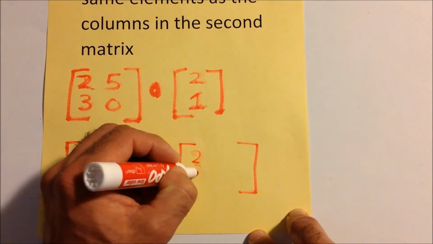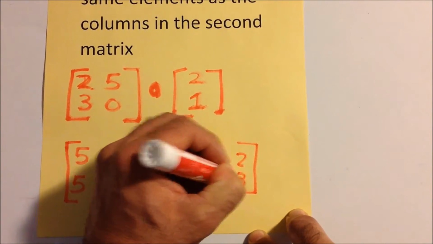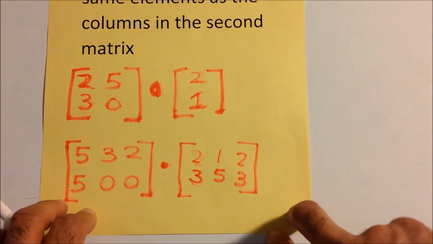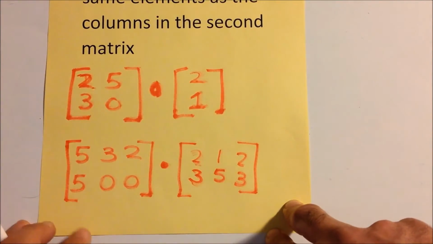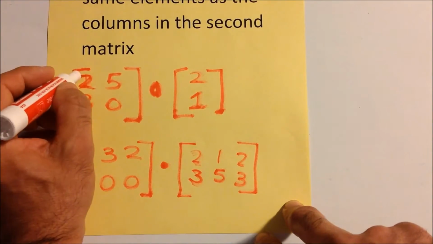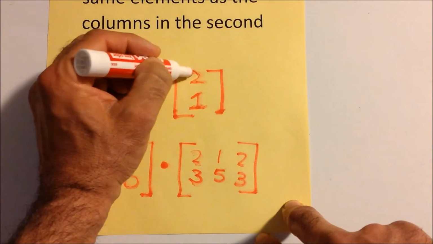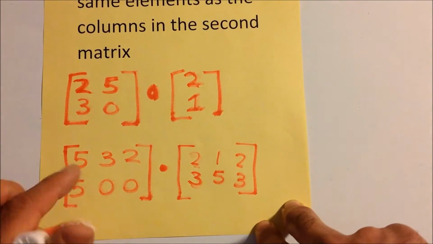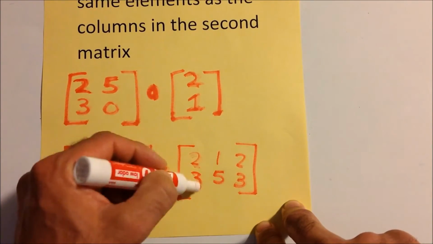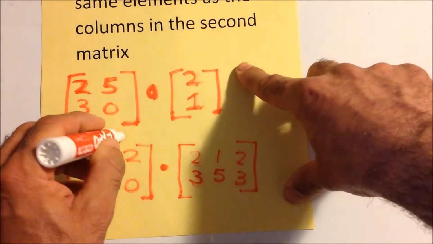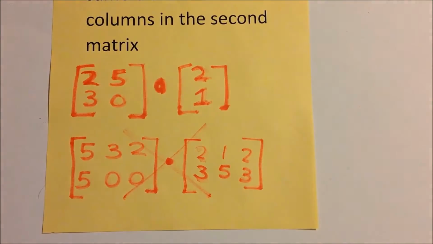So if I had this, you can't do it, because there are three elements in this row, but only two elements in a column. Again, the elements in the row must match the elements in the column. So for this one, since there are three elements in the row and two in the column, we can't multiply that. So keep that in mind.